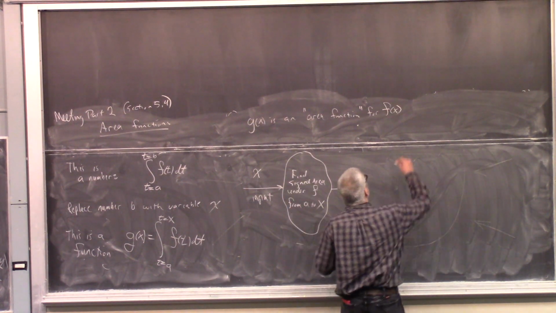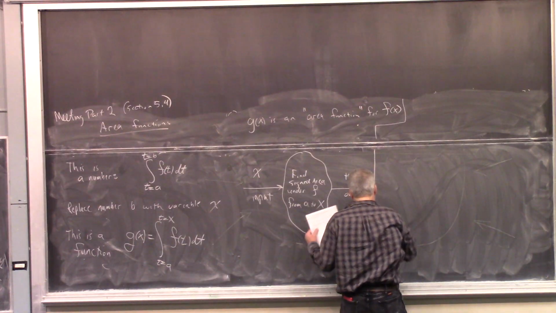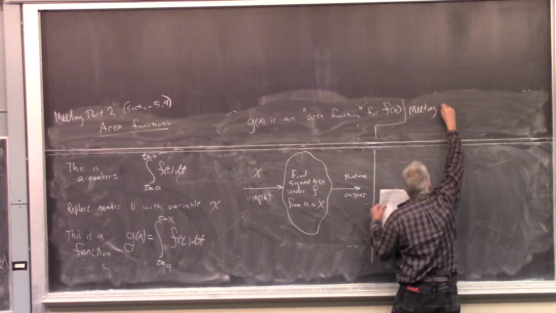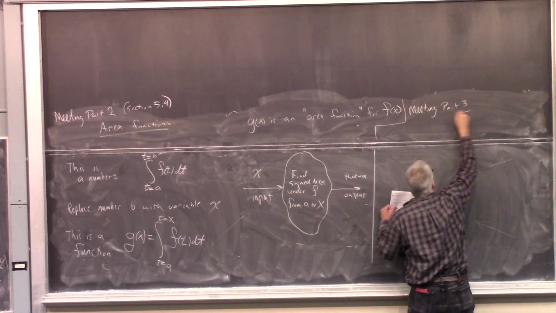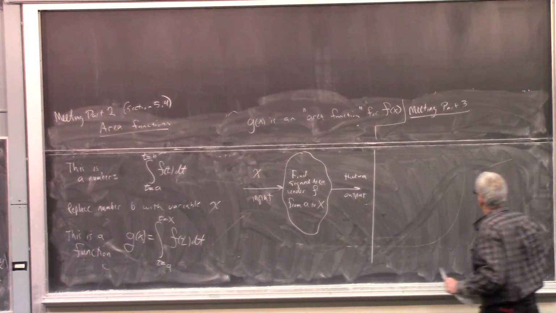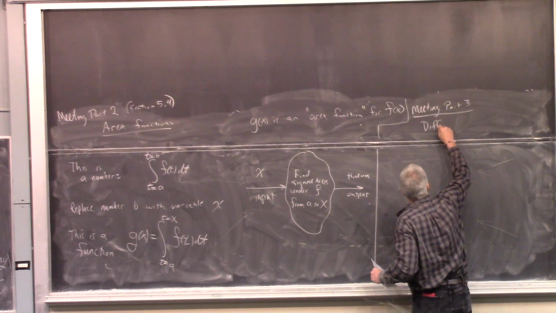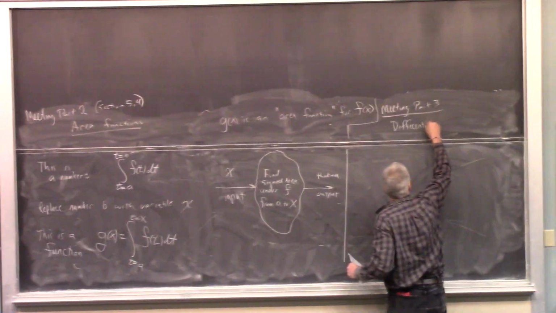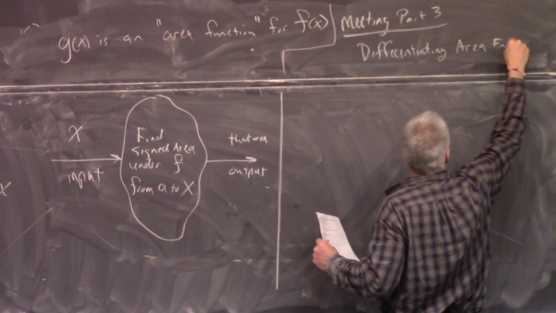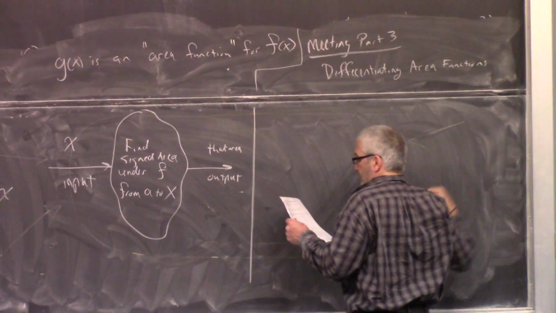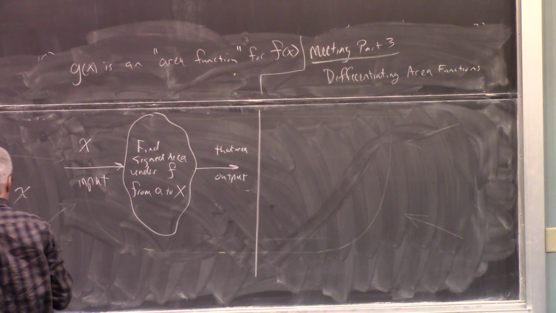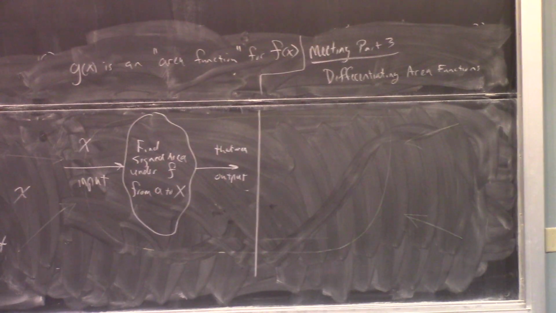Meeting part 3 is about differentiating area functions. All right, so this thing is g of x.